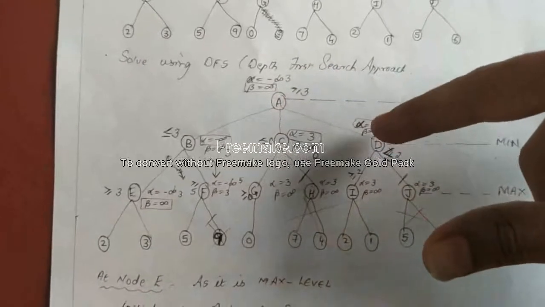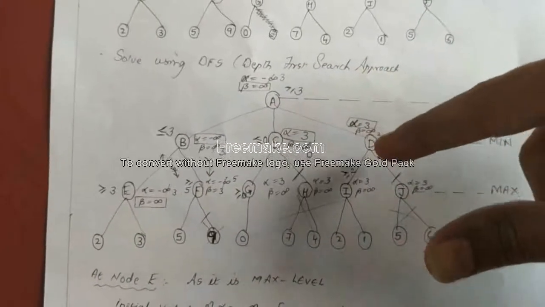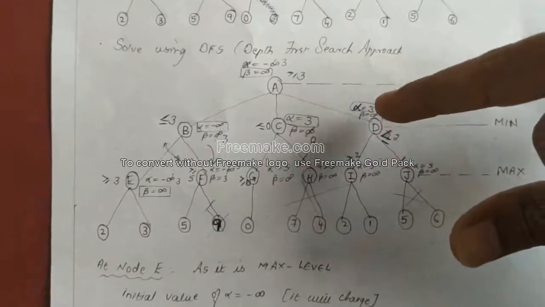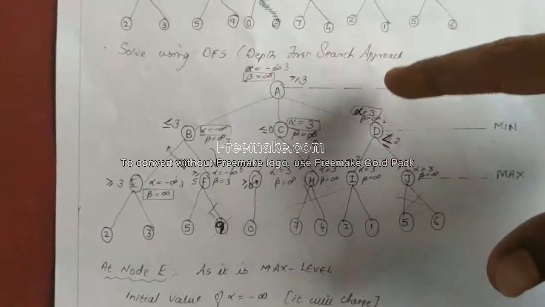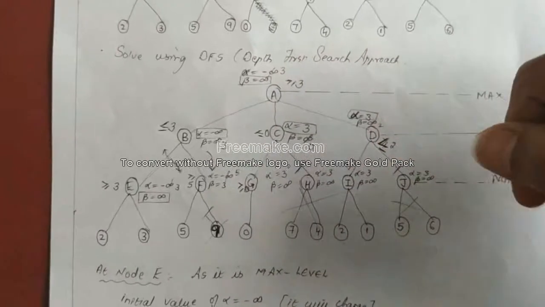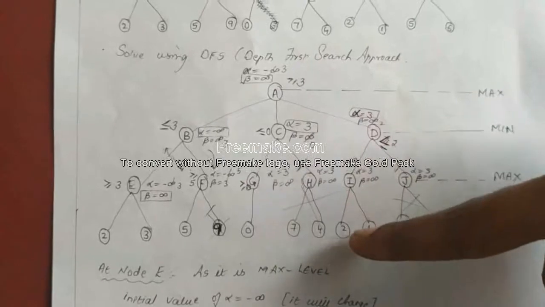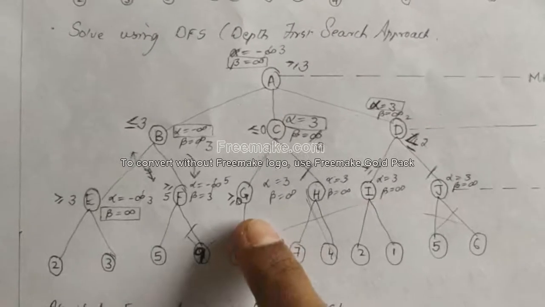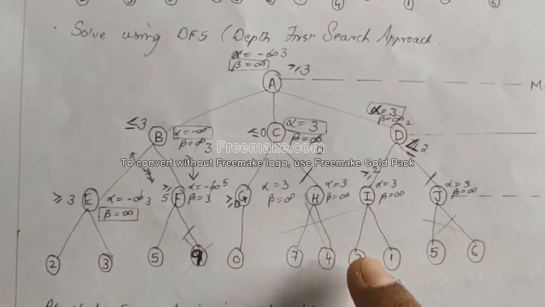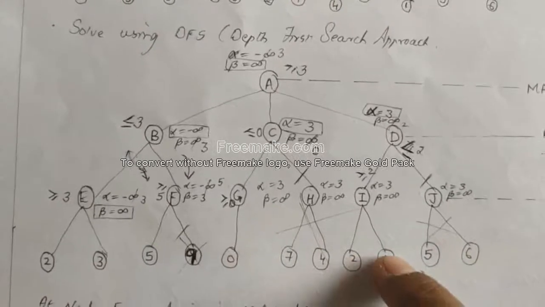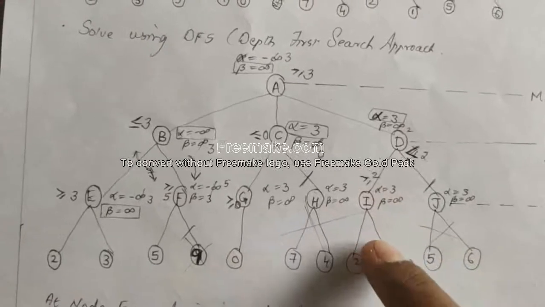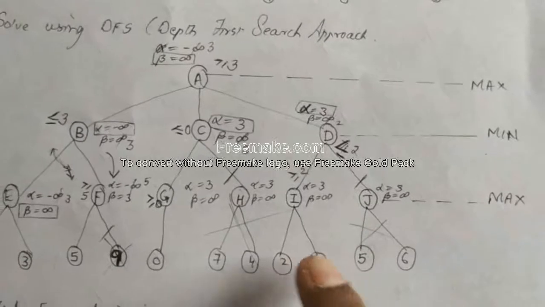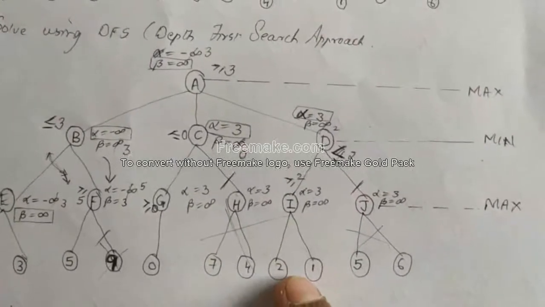Since A is attached to D, we have to move to these steps also. As we have already discussed, alpha as 3 and beta as infinity can also be passed on to the corresponding nodes. Here, since the values 2 and 1 exist in this corresponding node, we need to consider the maximum case, that is, which is the maximum among these two.